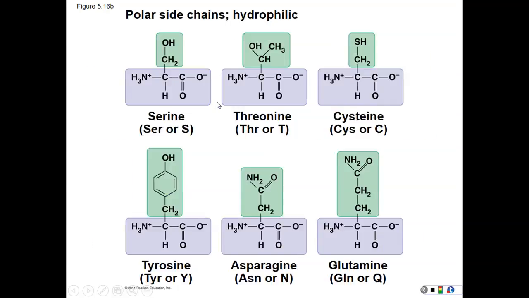A little bit more interesting. There are 6 that fall into this hydrophilic category. The big difference between the hydrophilic R groups and the hydrophobic amino acids is that now, for the first time in this discussion, we're seeing some things other than carbon to carbon and carbon to hydrogen bonds.